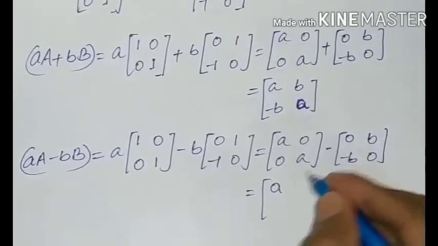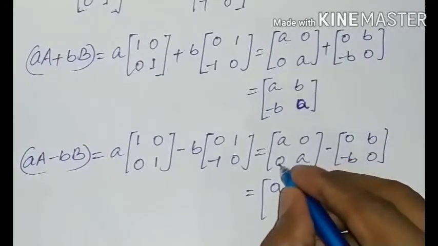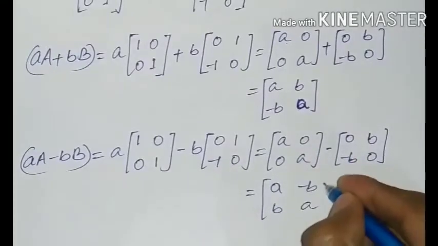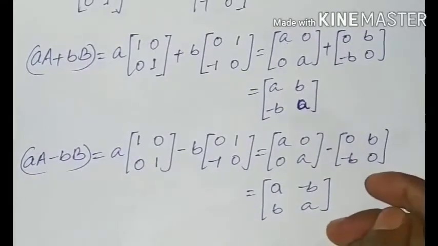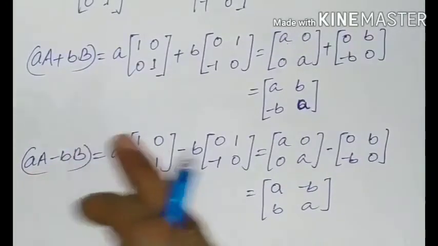A minus 0 will be a, and 0 minus b will be minus b, and 0 minus minus b will be plus b, and a minus 0, that is a. Okay, this is the value of aA minus bB.